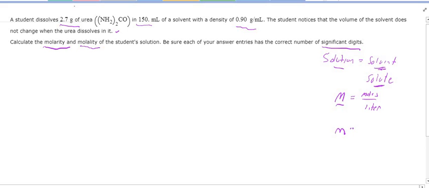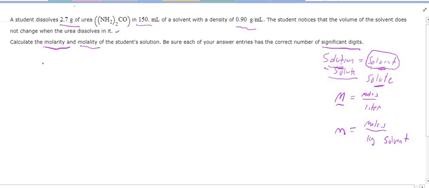Molality is going to equal moles per kilogram of the solvent. So it's not the solution, it's going to be the solvent. And so in order to get that solvent, we'll have to take the solution and subtract the grams of the solute. That's kind of what we'll be doing here.